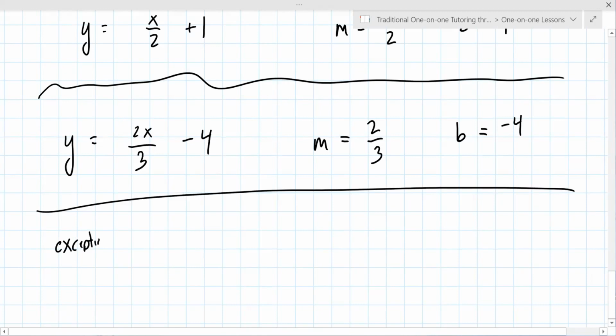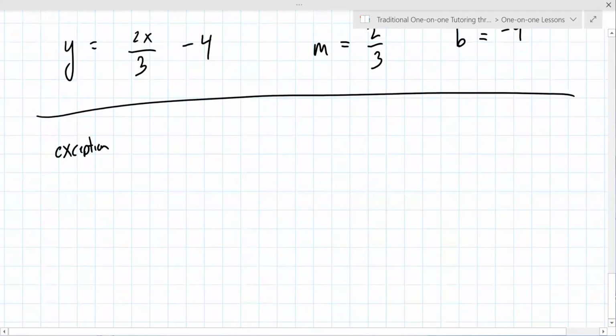Okay, so here's another exception that you might see. I'm trying to give you all the ones that you might see in class so that you will be well prepared. y equals x minus 2 over 4. When you see something like this, you have to divide both of these by 4.